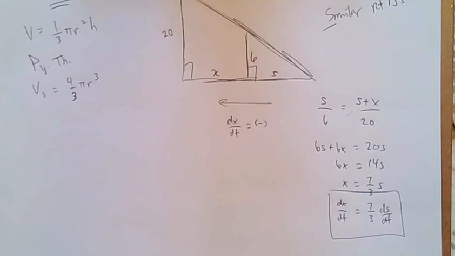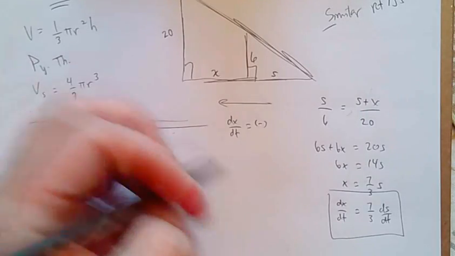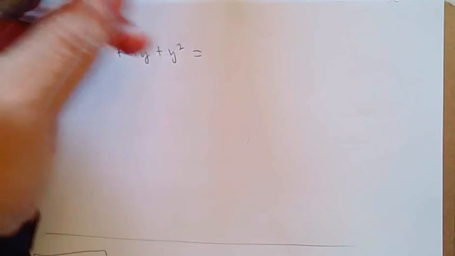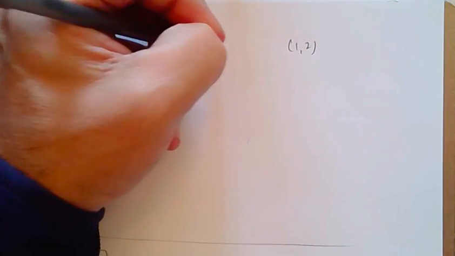Somebody asked about shadow problems. Just remember with implicit differentiation, let's just take a simple one here. Let's say we just have something simple like x squared plus xy plus y squared is equal to, let's see, 1 comma 2 is an ordered pair, so 1 plus 2 is 3, 3 plus 4 is 7.